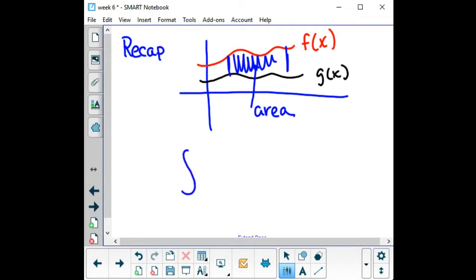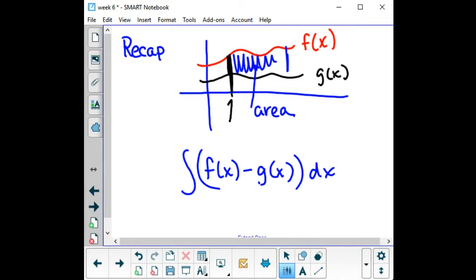I would integrate. I would take the top function minus the bottom function, which sometimes I would be able to simplify that difference and then do the antiderivative. And I would integrate from a certain starting point to a certain ending point.